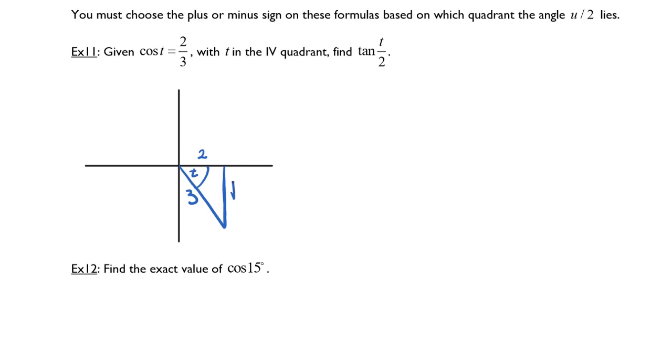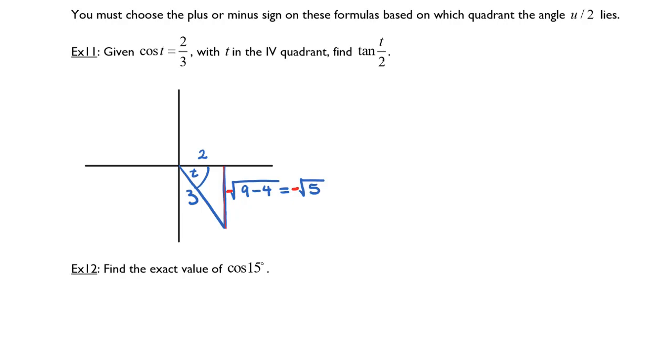The side opposite t will be the square root of 9 minus 4, which is equal to the square root of 5. Now, I hope you've noticed one piece of information that I missed, and that is that this opposite side is negative because it is below the x-axis, and it represents a height in the negative direction.